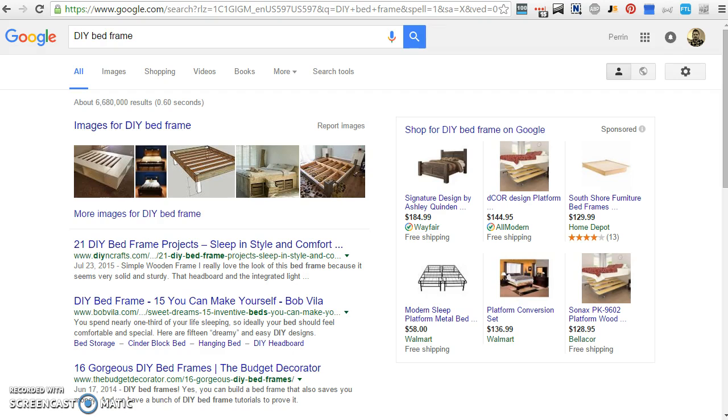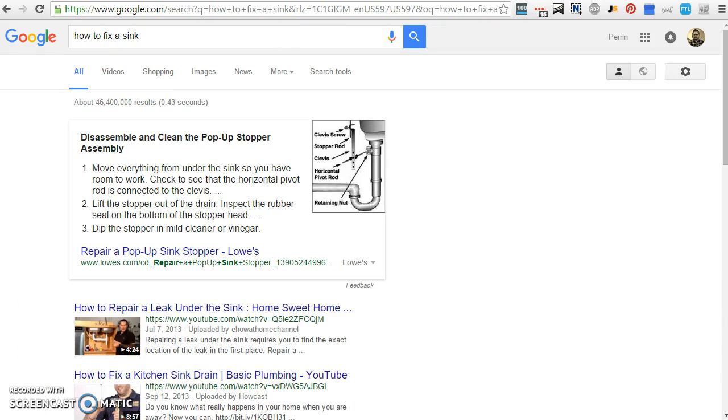So this person is looking to create their own bed frame instead of buying one, right? DIYers usually want to save money. They're not looking to purchase anything from a store. That's not to say that you can't make money off of DIY articles, but if your goal is to get somebody to your article and then get them to click on something and buy, DIY keywords like DIY bed frame probably aren't the best.